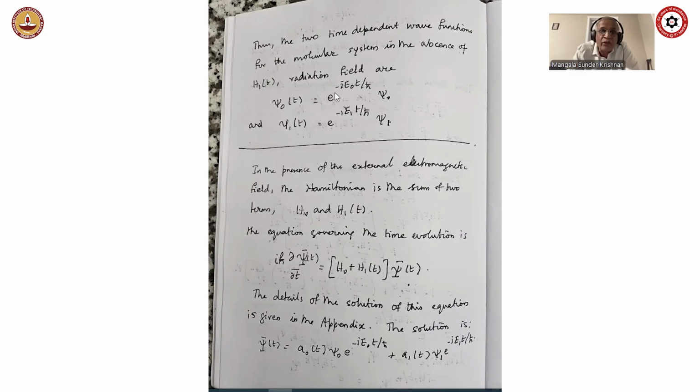So you see that the original wave equation now has a new wave function because of this H1 of t, and the new wave function is, on a trial basis, written as the linear combination of the two eigenfunctions, psi 0 of t and psi 1 of t. So there are two basis functions. Its general solution psi is written as a linear combination of these two solutions with two constants, a0 and a1.